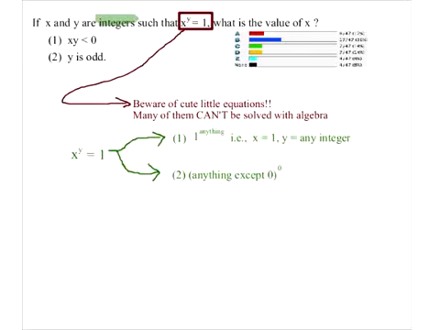In other words, x is any integer except 0. And then y is 0. Okay. If you need examples of these, then you can try them yourselves. But for example, 1 to the negative 2,000 power is still 1.